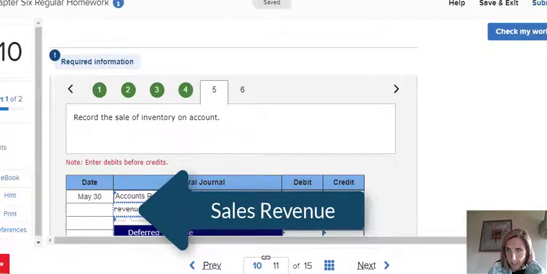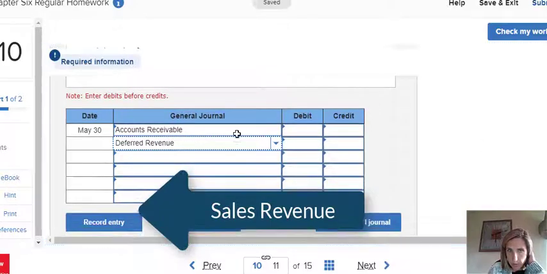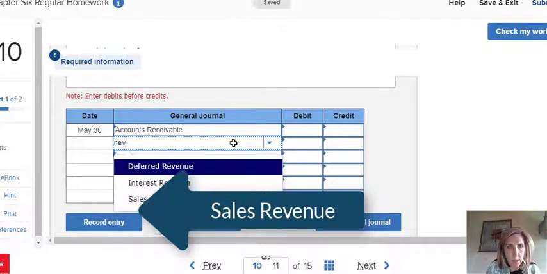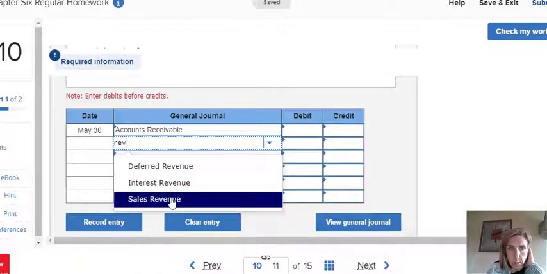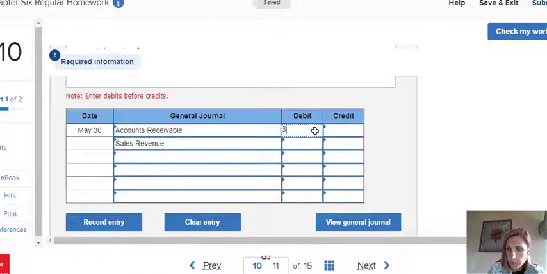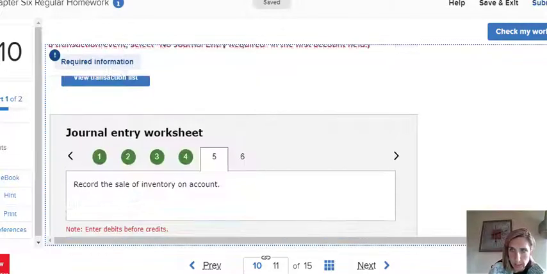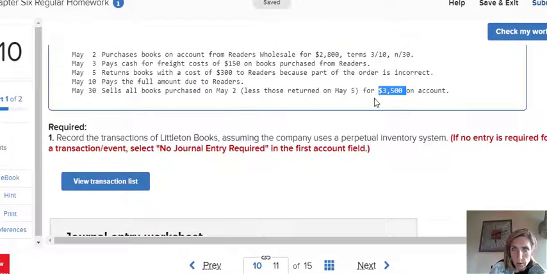It wouldn't be a service revenue, a sales revenue is a good choice here, not deferred. So let's try that again. Sales revenue. This is what we're charging our customers. $3,500 is what we're charging our customers. When we sell the merchandise, our inventory, we're going to sell it for more than what we paid for it.